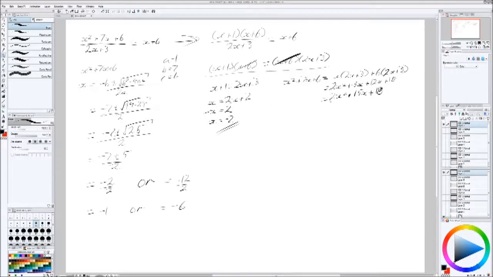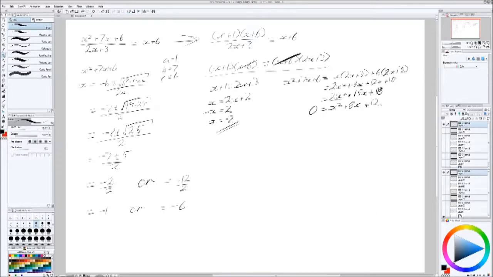And then we want to just subtract one from the other. Because this has the higher x value, I'm going to subtract the other side from it. I'm going to skip all of the working here because we have covered the working earlier on. So 2x squared minus x squared is going to be x squared, and then 15x minus 7x is going to be 8x, and 18 minus 6 is going to be 12.